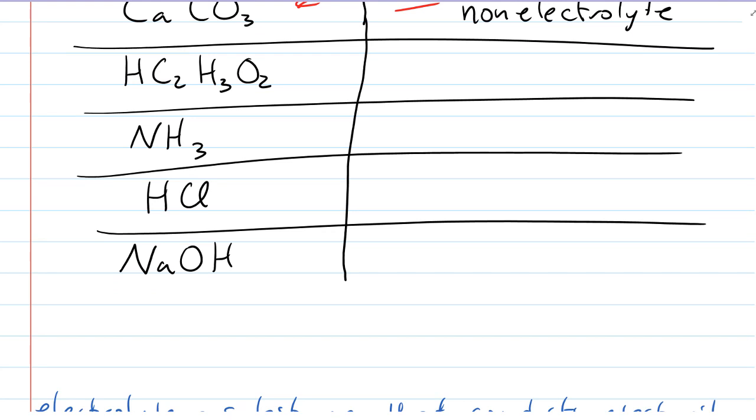HC2H3O2. What is the name of this substance? HC2H3O2. Acetic acid, right. So now what I'm going to do is take some water and test the water, and then I'm going to take the acetic acid.